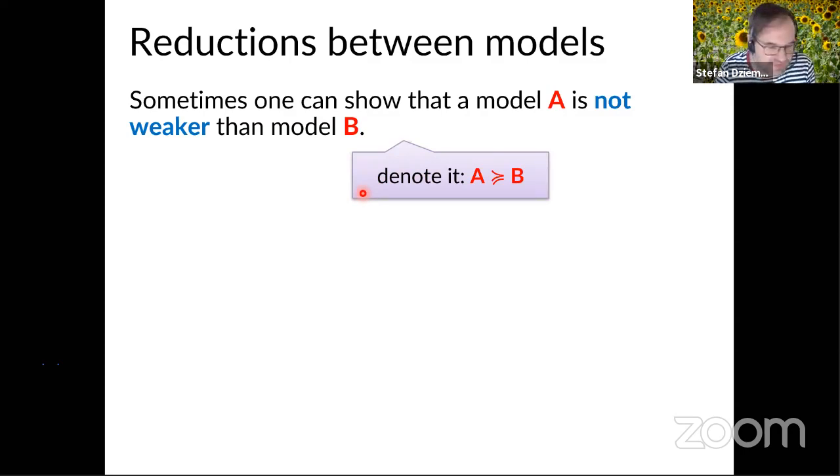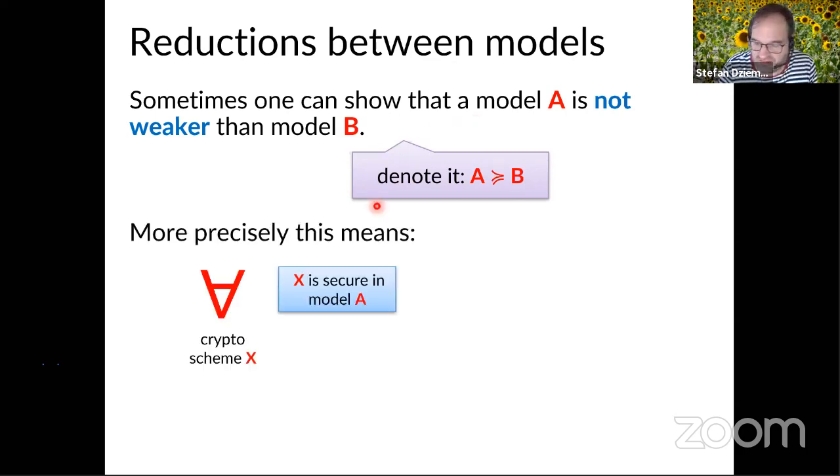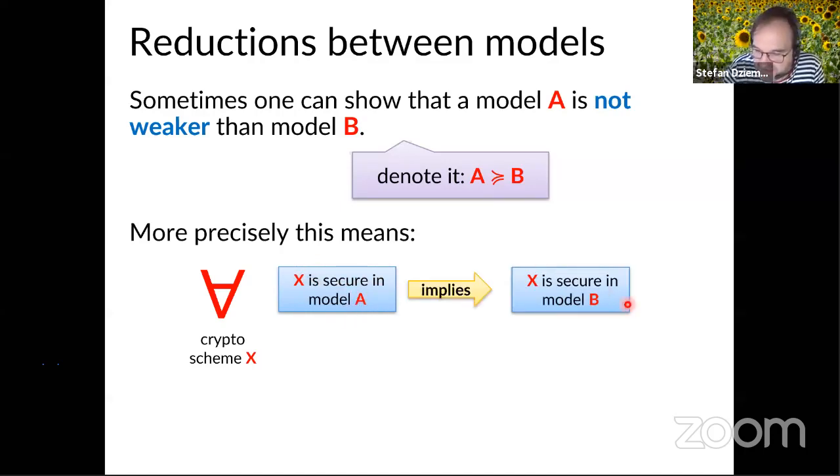More precisely, what I mean by a model being stronger or not weaker than another is that for every crypto scheme X, if X is secure in model A, then this implies that X is secure in model B. Usually this holds for a certain choice of parameters, like the threshold or the number of bits you can probe.